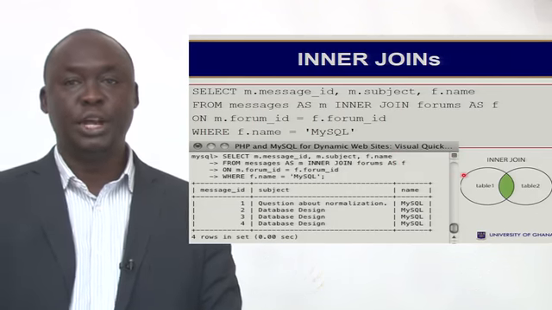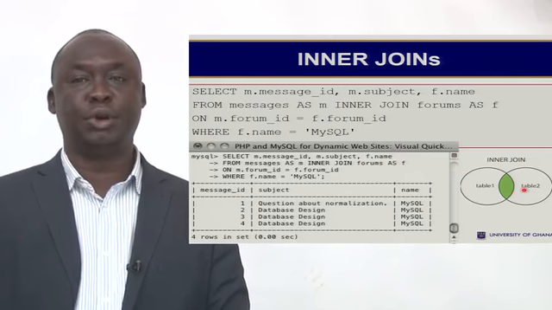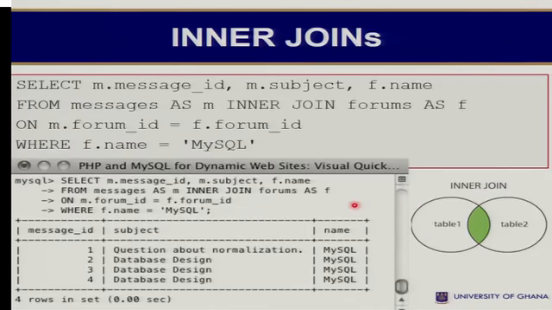joins. Okay, so inner join is just an intersection of the two tables. So inner join brings in only the matching records. That is the records that are in table 1 and are also in table 2. So if you have forum ID in the message table and then you have a forum ID in the forum table, once this matches, then the inner join will select those records.